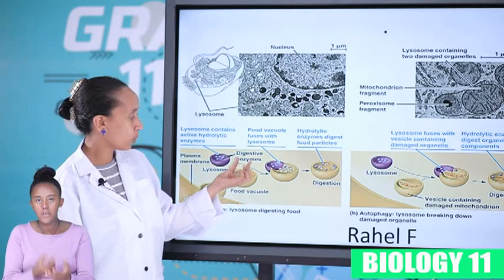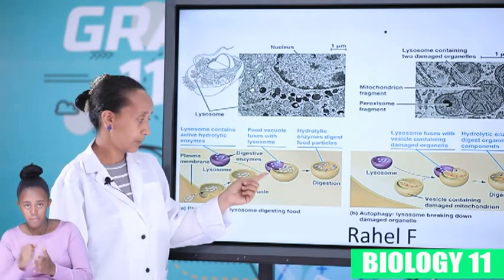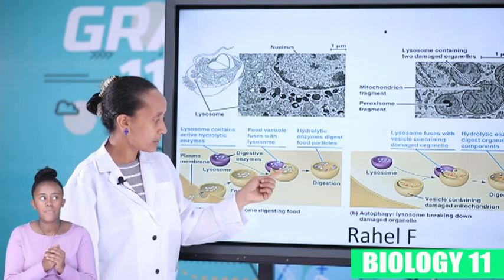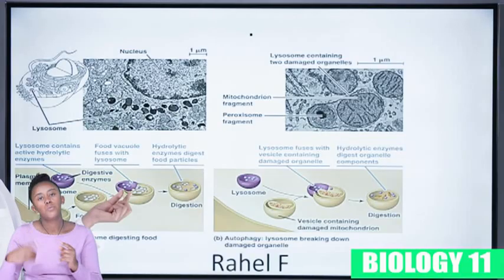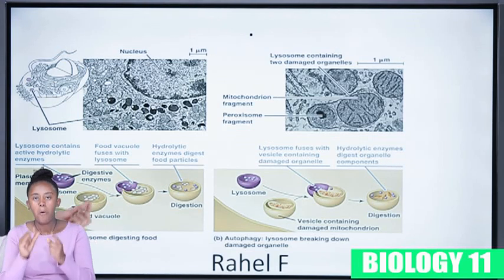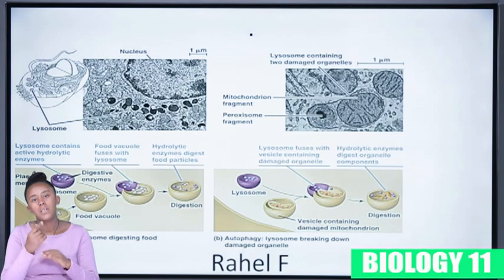This food vacuole fuses with the lysosome, as you see here on the diagram, and the lysosome releases digestive enzymes to dissolve or digest the food particles. After that, the cell will use the end products.